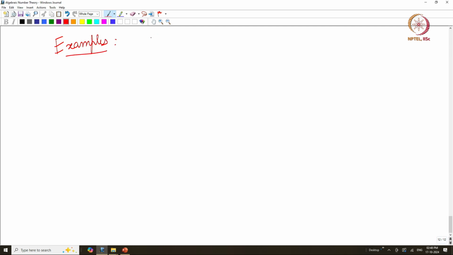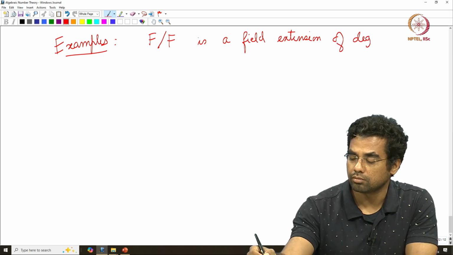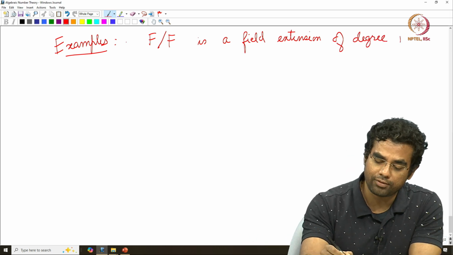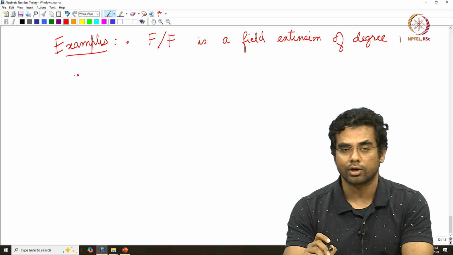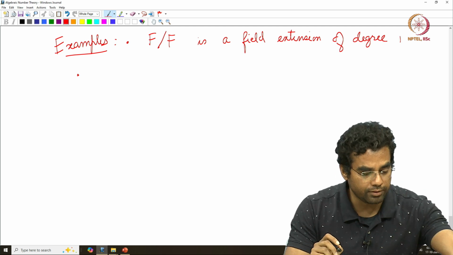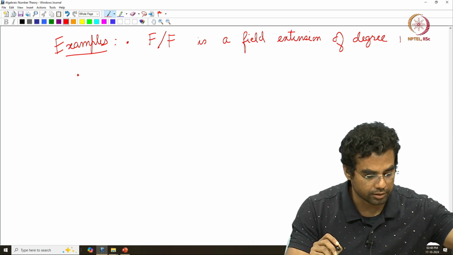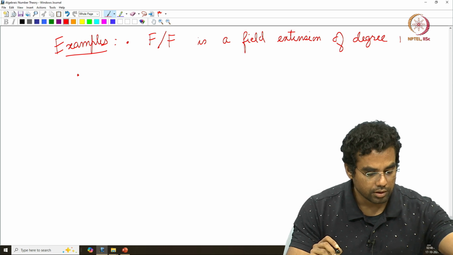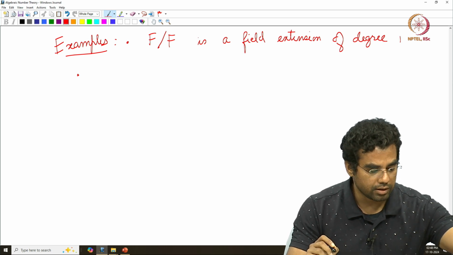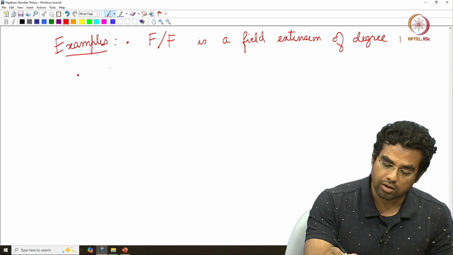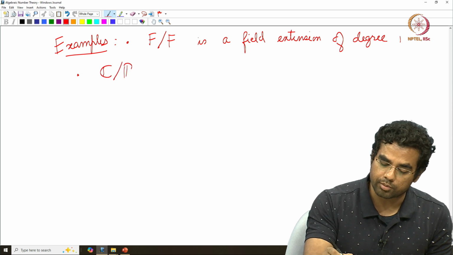Okay. So, F over F is a field extension, it is always a field extension like this, right, of degree 1, and this is the only field extension of degree 1. Okay. For any field F, F is the only field extension of F which has degree 1. All right. Next example that we will look at is complex numbers over real numbers.